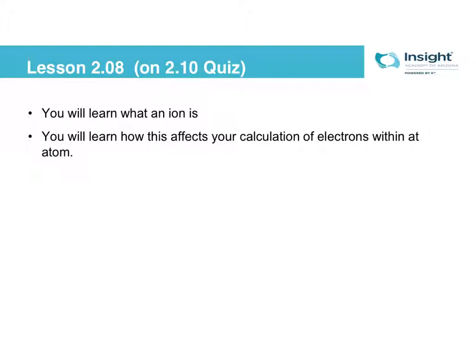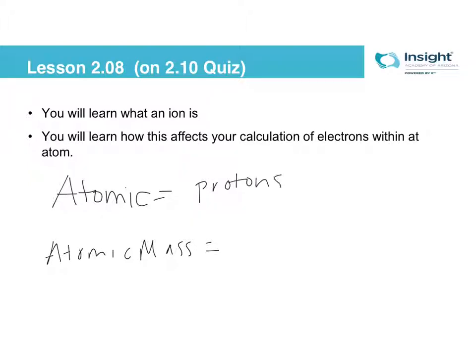If you recall, we talked earlier about how atomic number and atomic mass can be used to calculate certain things. Atomic number gives us our number of protons, and atomic mass is protons plus neutrons.